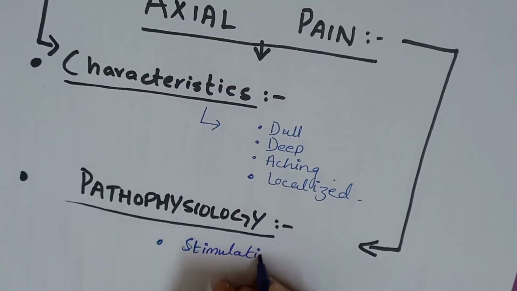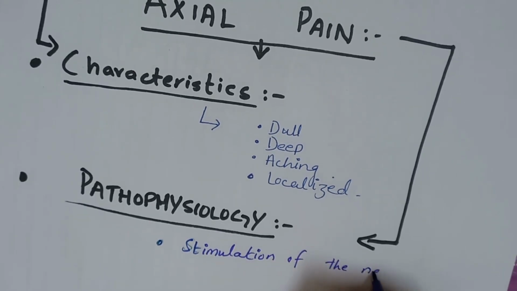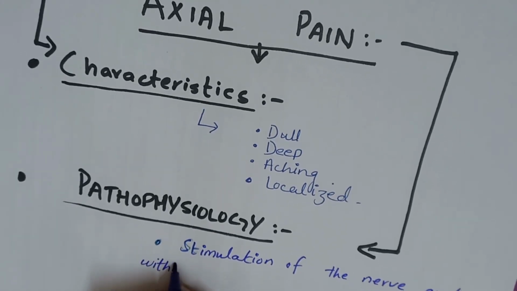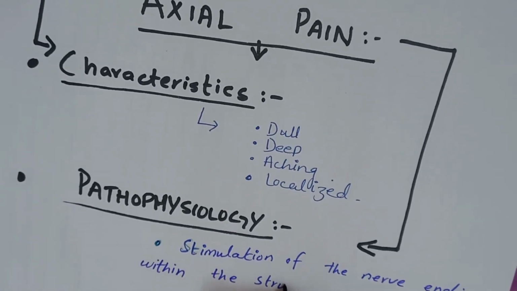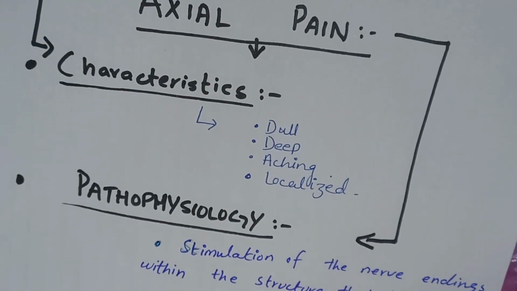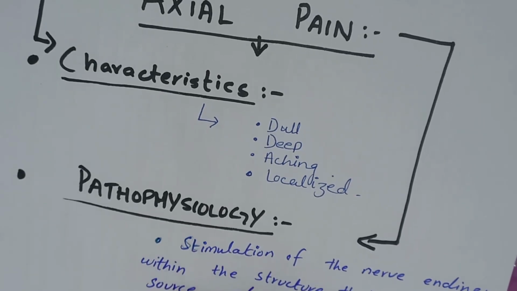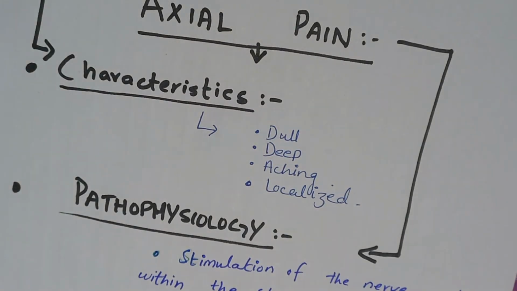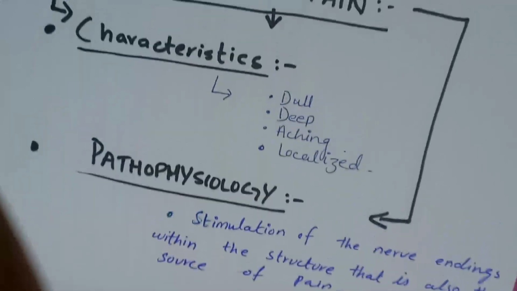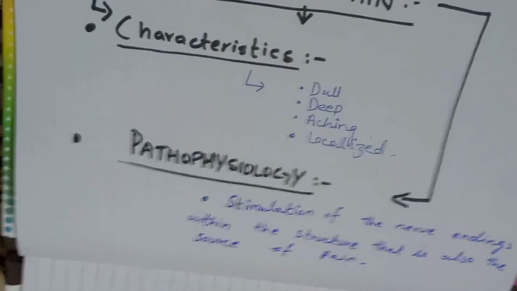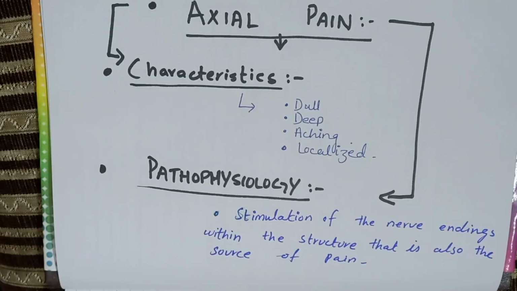So stimulation of the nerve ending within the structure. So this is the stimulation of the nerve endings within the structure that is also the source of pain. So this is the pathophysiology of axial pain.